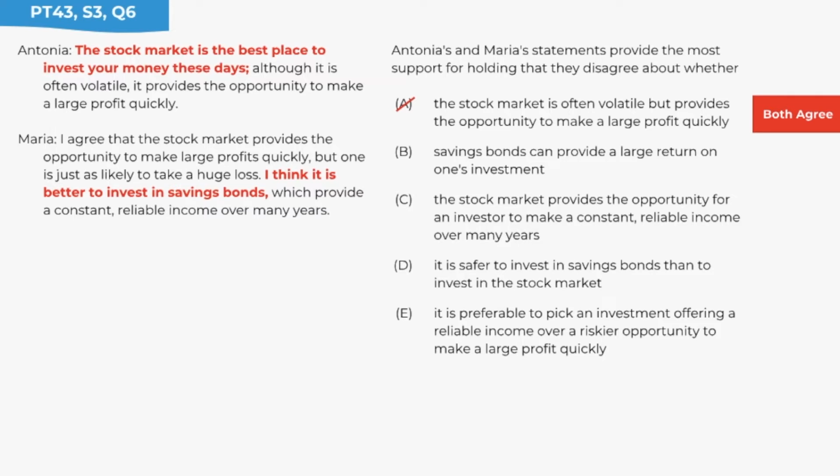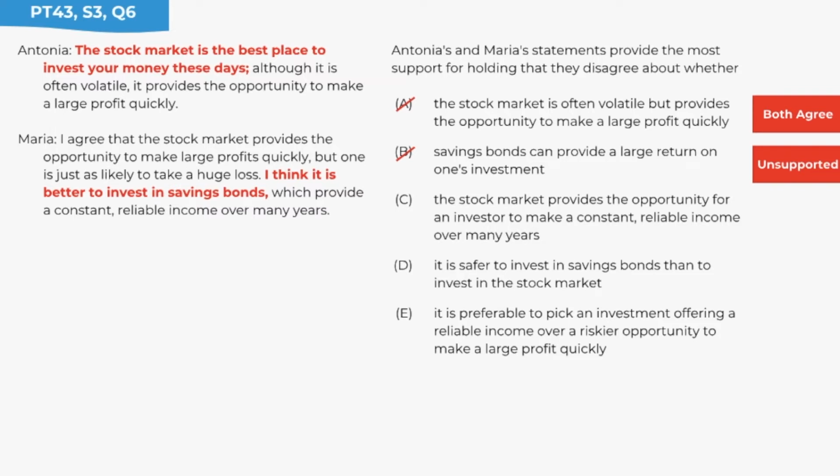Answer choice B says, savings bonds can provide a large return on one's investment. Well, does either one of them agree with this statement or address it at all? It doesn't look like it's being supported by either or rejected by either. So this one's simply just unsupported, meaning it's not addressed by either specifically.